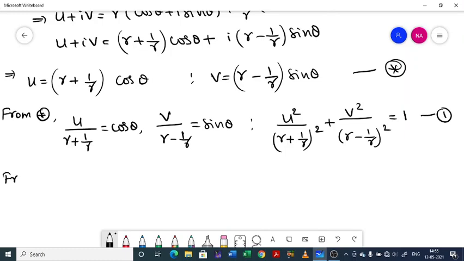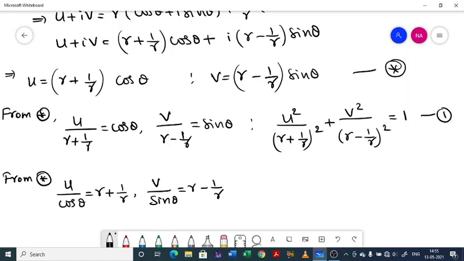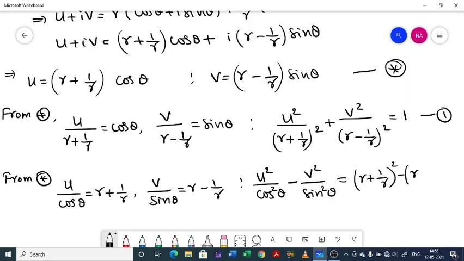Now again from star, we have U by cos theta equal to R plus 1 by R, and similarly V by sin theta equal to R minus 1 by R. Squaring and subtracting the second equation from the first, we get U square divided by cos square theta minus V square divided by sin square theta equal to (R plus 1 by R) whole square minus (R minus 1 by R) whole square.